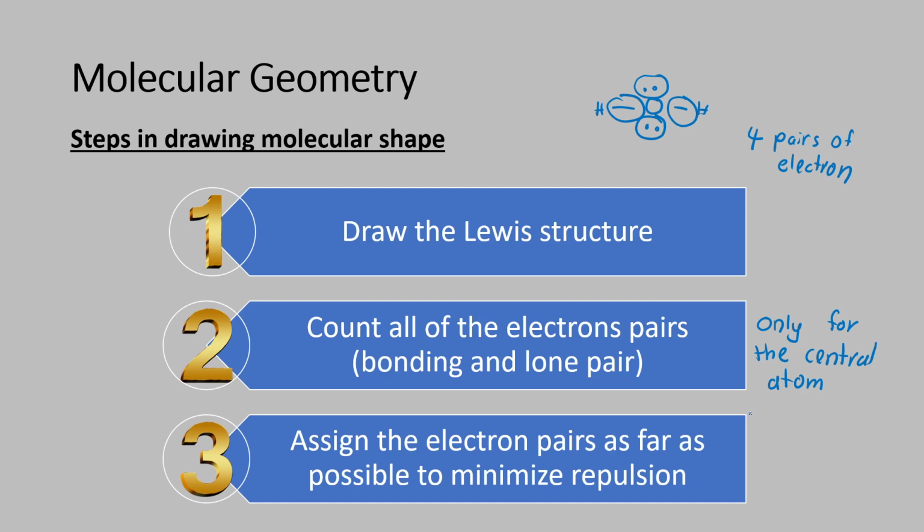Central atom lah yang sebabkan dia jadi tetrahedral ke, dia jadi octahedral ke. Okay, and then this one is assign the electron pair as far as possible to minimize repulsion. It's basically what VSEPR cakap lah, the valence shell electron pair repulsion theory.